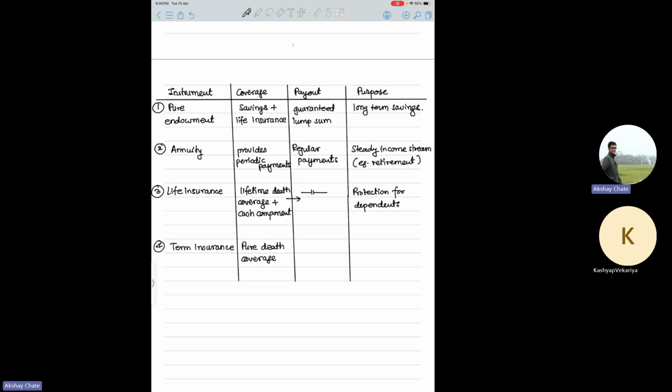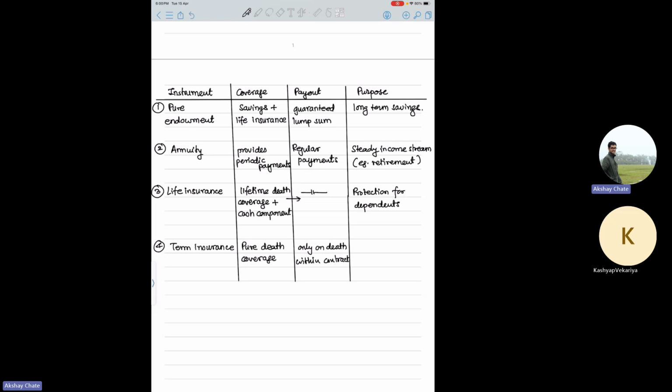Okay, that means during the contract of your term insurance, if you die, then only you get a payout. Otherwise, you don't get any payout. Okay, so payout only on death within contract. So that's why these are cheaper as compared to life insurances.